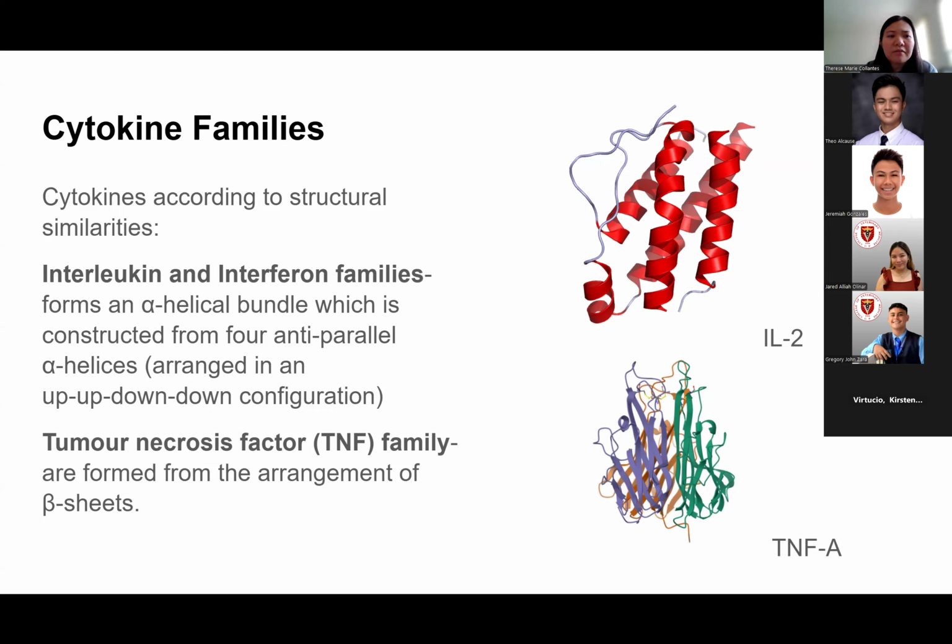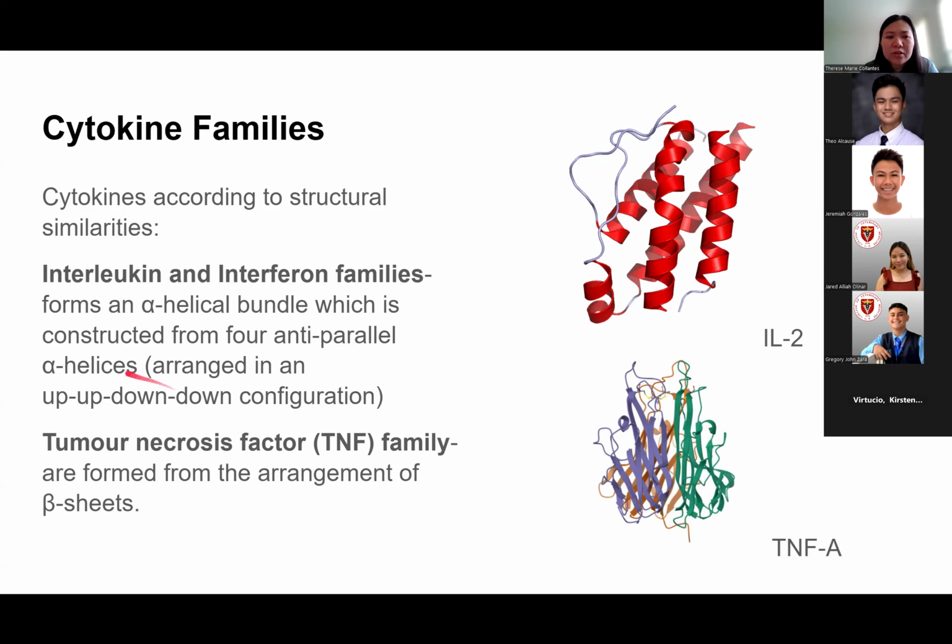So we have the interleukin and the interferon families. They will form an alpha helical bundle, which is constructed mostly from four anti-parallel alpha helices that are arranged in an up-up-down-down configuration. So here we see an example of interleukin-2. We see these helices, and these helices are oriented in a particular manner.